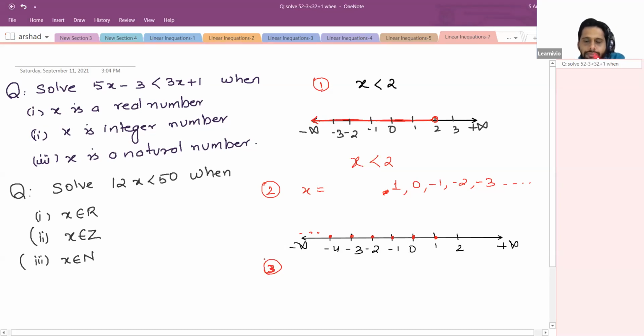Natural numbers start from 0. 1. Sorry, 1. Okay. 1. So what's the solution? Very good. Good, Rishan.